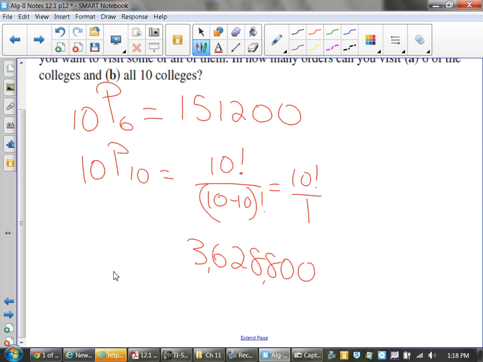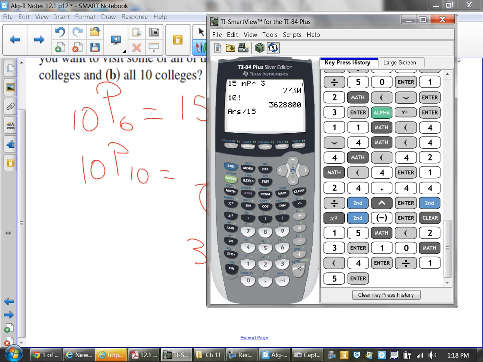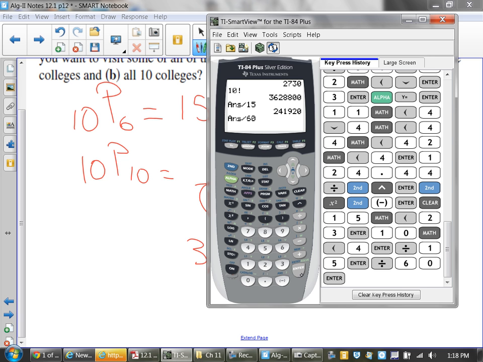Let's take this and divide it by 15. Still a really big number. That's how many seconds total it'll take you. Divide that by 60, divide that by 60, divide that by 24. That's 168 days of nonstop counting.